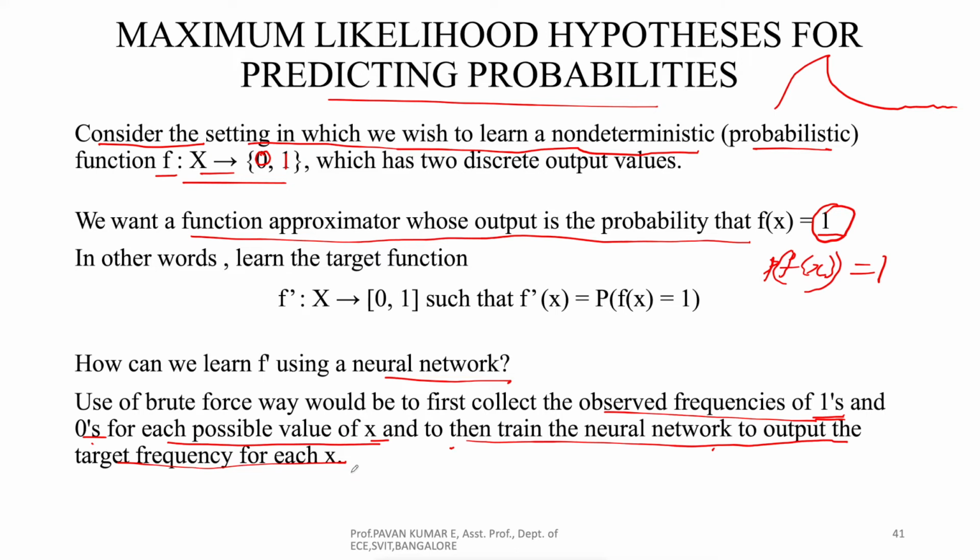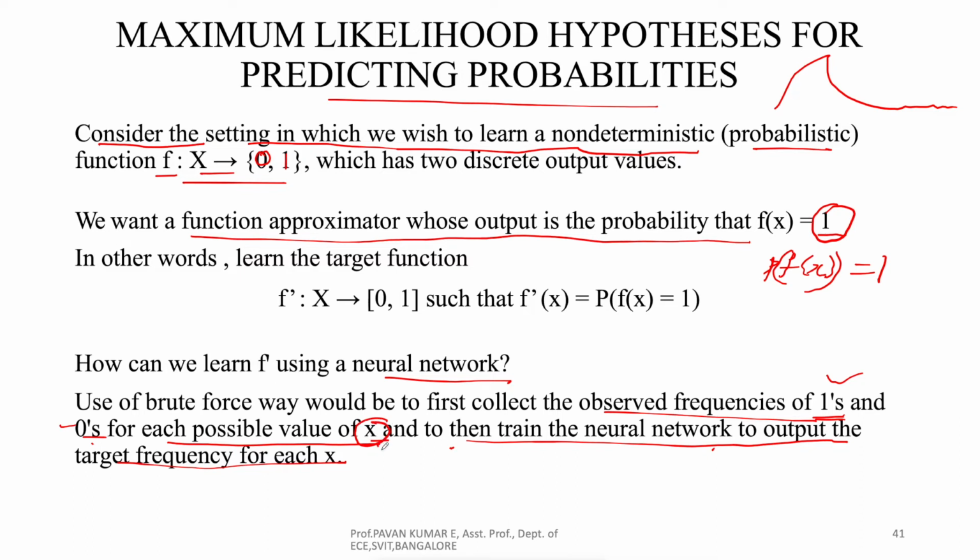Suppose COVID is increasing, or it may not. That is a probability. For each probability you are finding ones and zeros, that is positive or negative, observed frequency-wise, what frequency, either it is increasing or decreasing for each day.